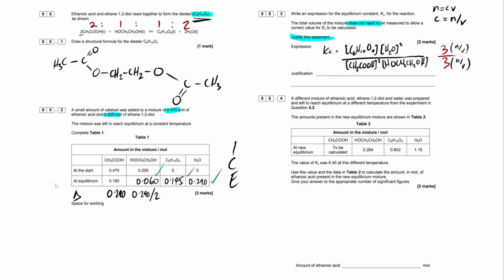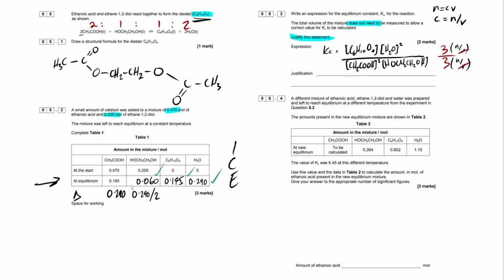So although the moles are different, as we can see here, at equilibrium all these moles are different, the total volume in the beaker, or whatever we're looking at, is going to be exactly the same. So it's going to cancel on the top and the bottom of the fraction. Whoop, whoop, cancelled out completely. So we don't even have to calculate concentration for this.